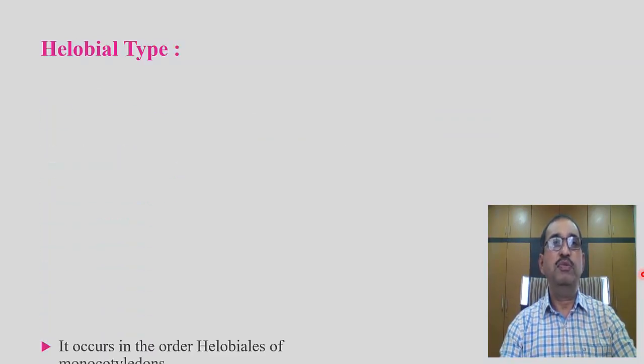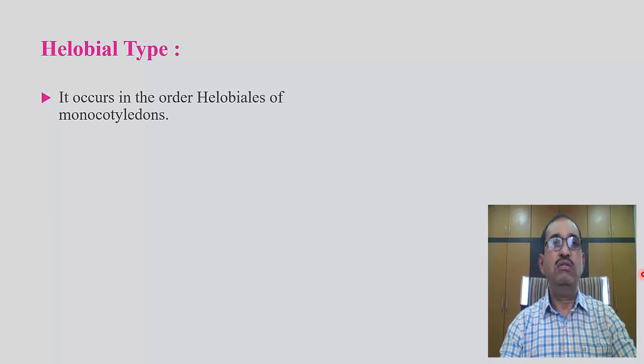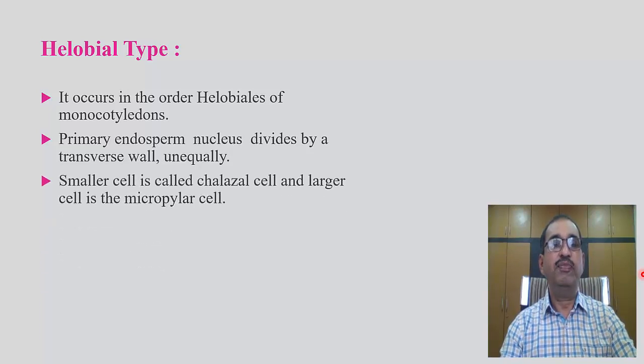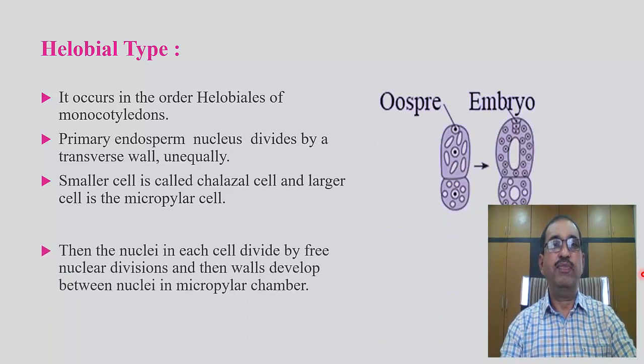Helobial type of endosperm. It occurs in the order Helobiales of monocotyledons. The primary endosperm nucleus divides by a transverse wall unequally. The smaller cell is called the chalazal cell and the larger cell is the micropylar cell.